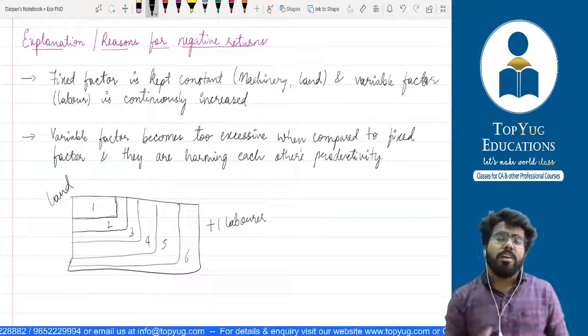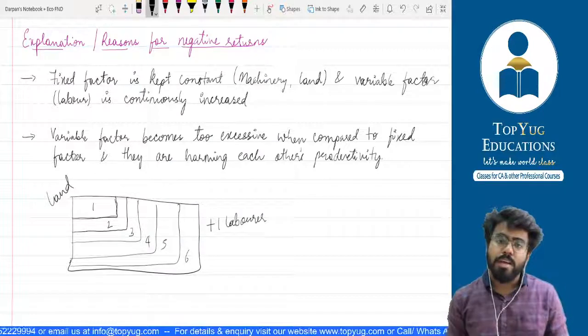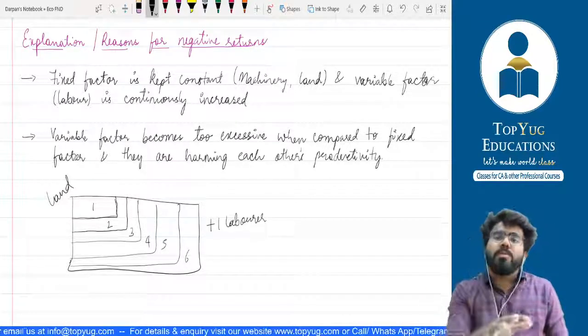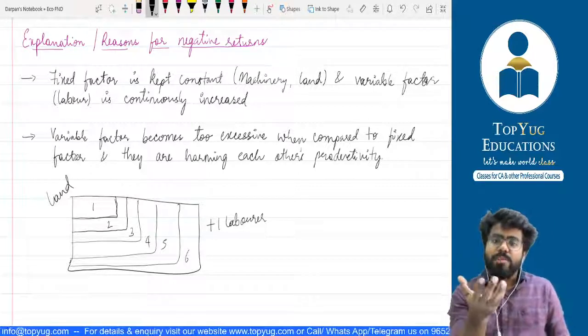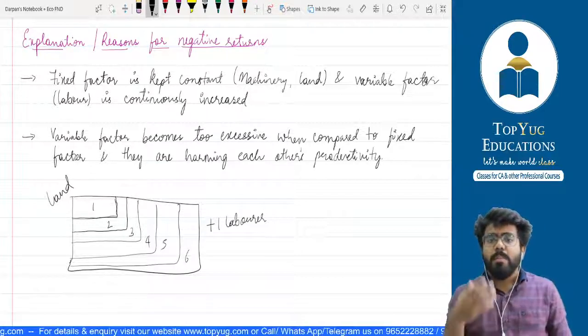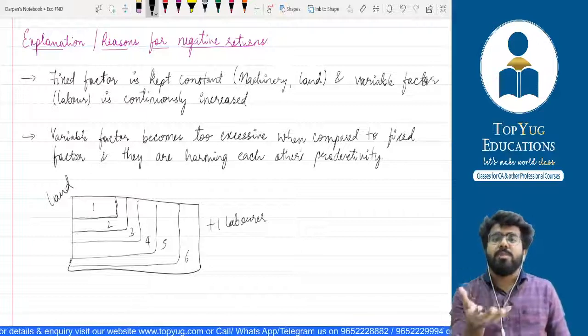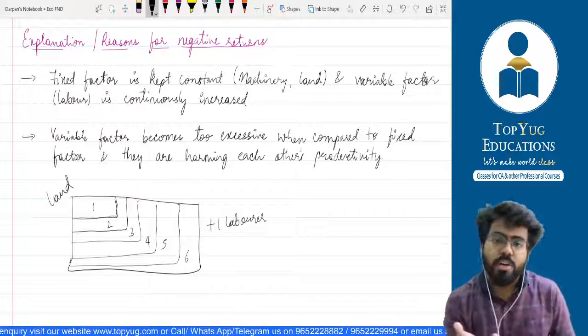He will go disturb others. He will go affect others' productivity. Correct? That is why negative return will happen. You have employed so much labor that it is an excess of the fixed factor that you have. The fixed factor, which is land here, can occupy only 6 laborers. But now what did you do? You have employed one more laborer. 6 laborers were needed and you employed one more laborer. So obviously he does not have work.